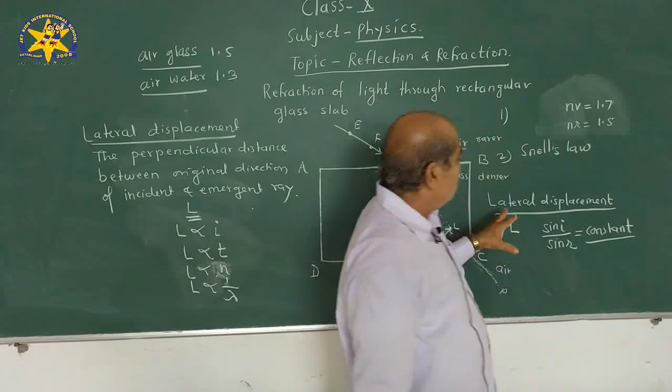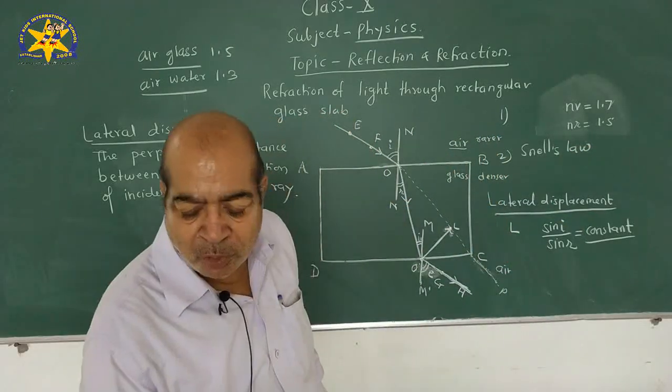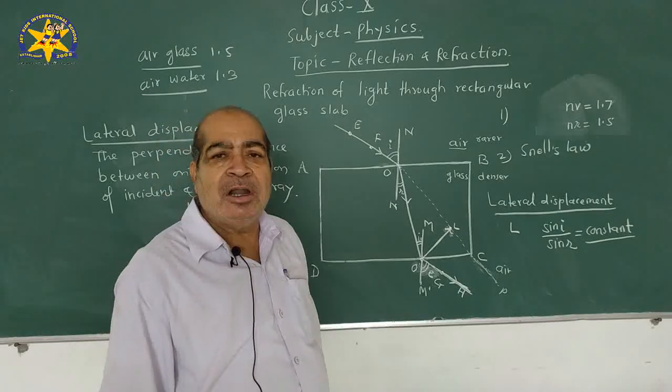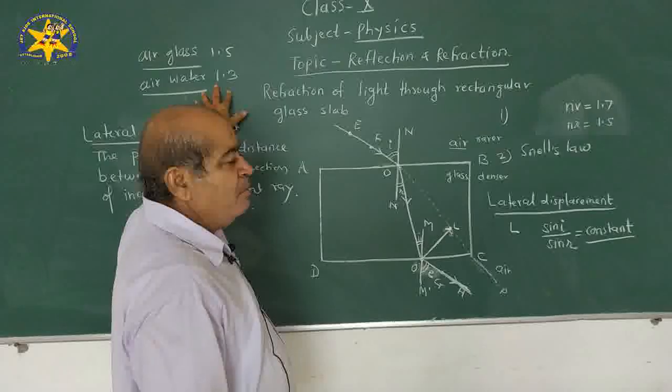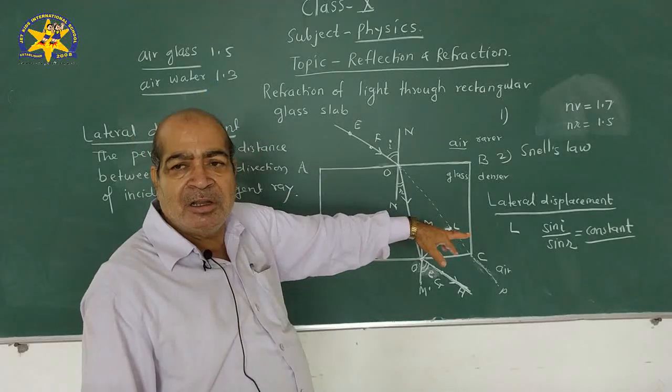Hence, in the second law, two phrases are important: for the given pair of transparent media and for a given color of light.